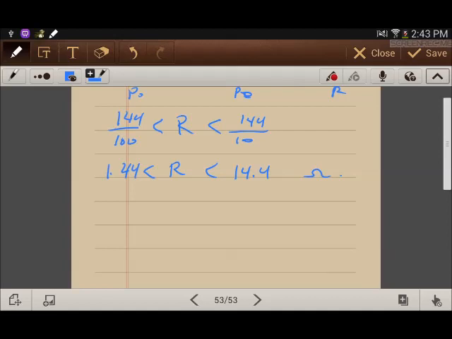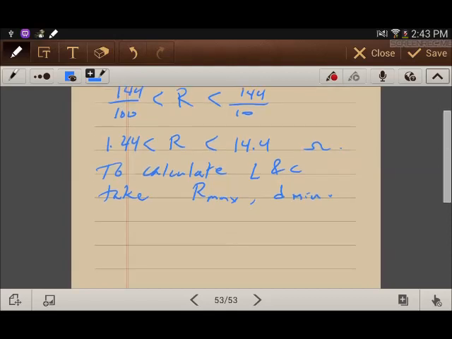So to calculate L and C, I will take the maximum resistance value and the minimum duty cycle. Why will I do that?